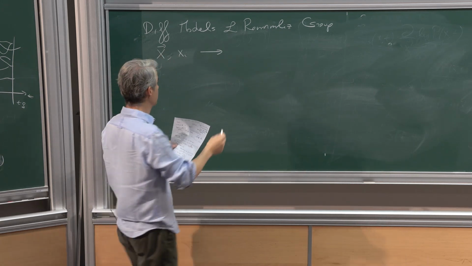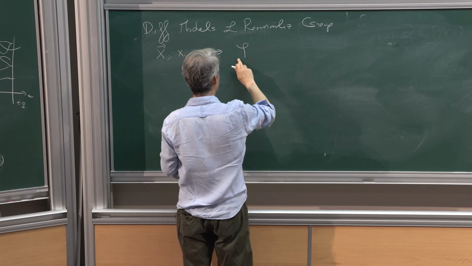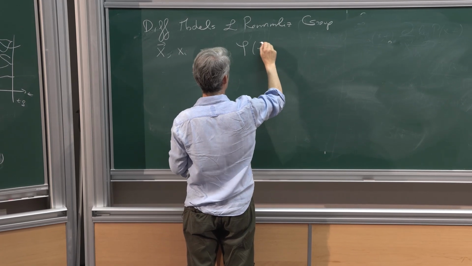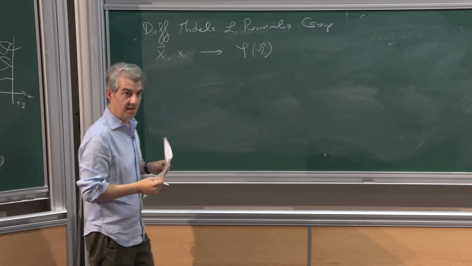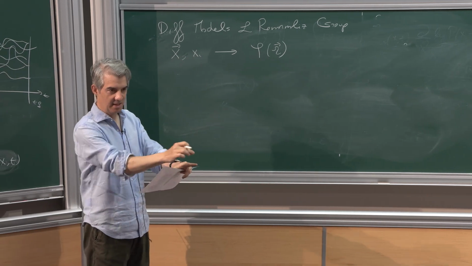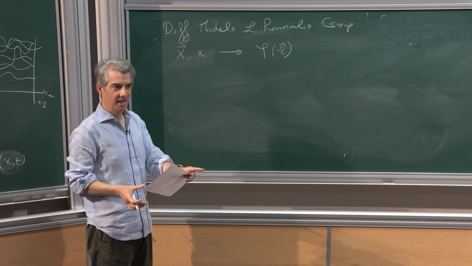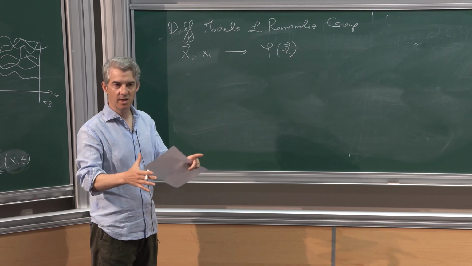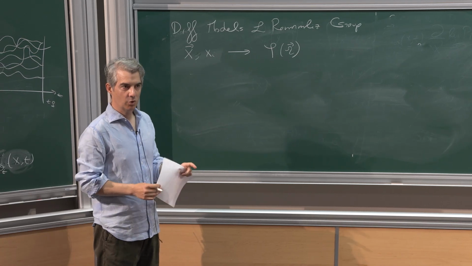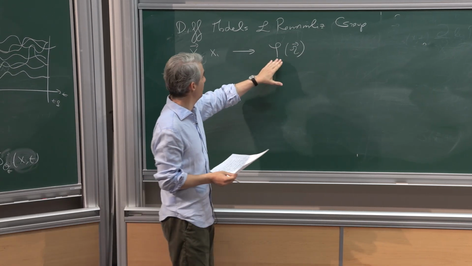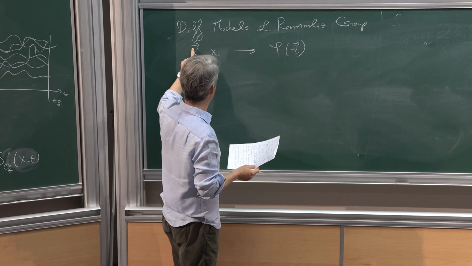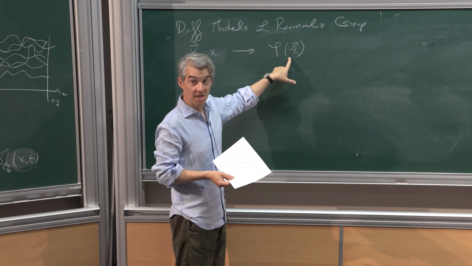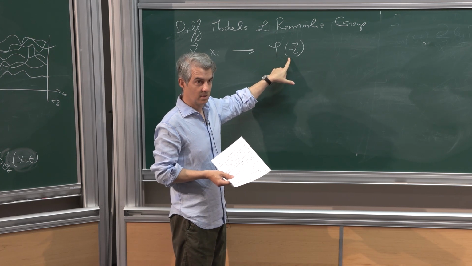You have a field, phi of r. It's the same thing: when you have an image, you have the position r, and phi is the value of the pixel at position r. In field theory, you have a field and you want to do renormalization for this field. The same thing. Is it clear or not?